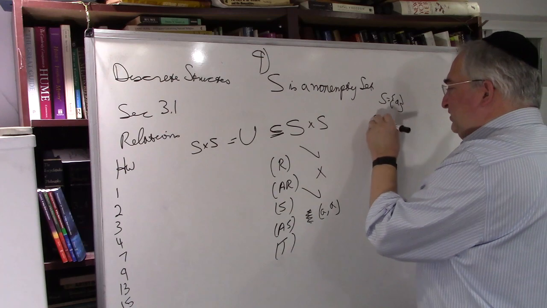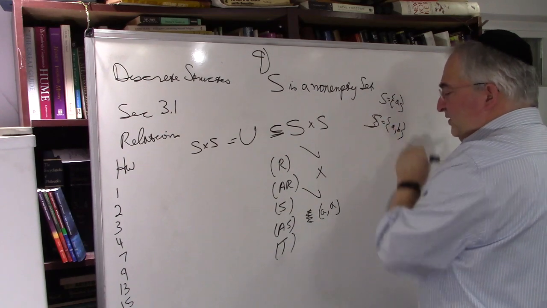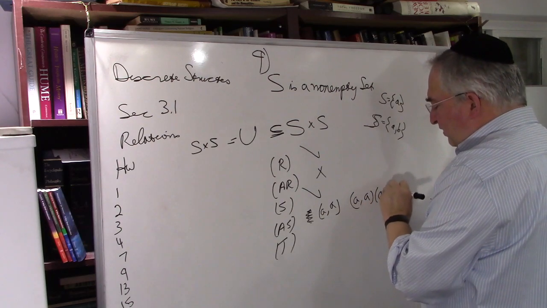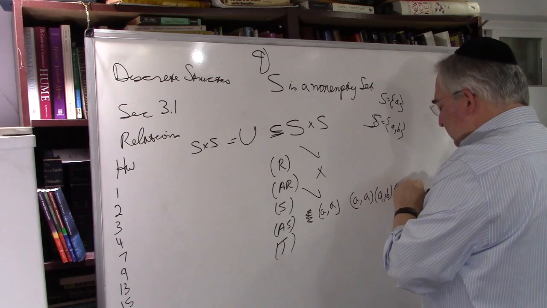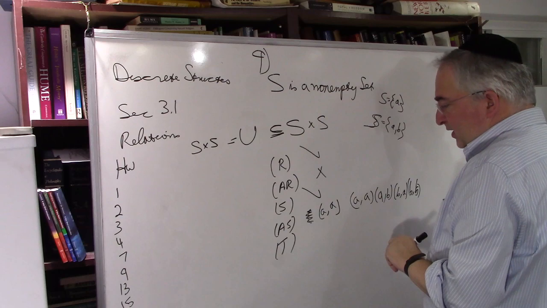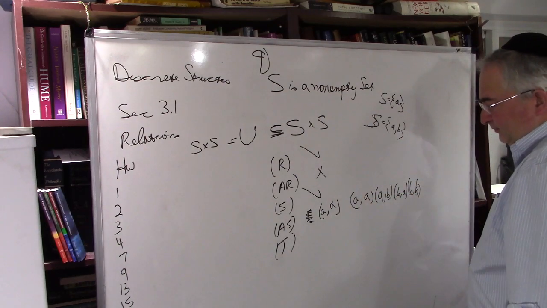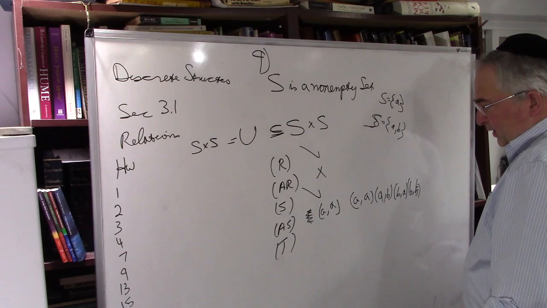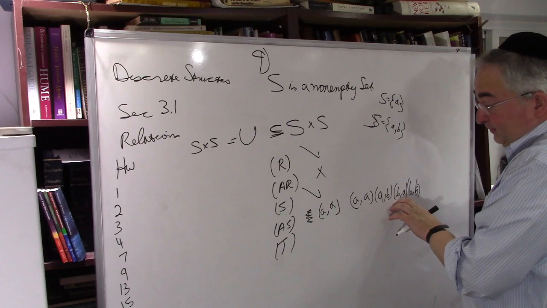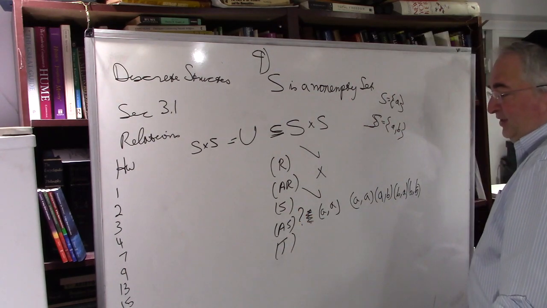But let's say S is two elements, S equals A comma B. Then A comma A is there, A comma B is there, B comma A is there, and B comma B is there. In that case, AB is in there, BA is in there, but they're not equal. So I think this is a mistake. Whatever, there are two possible answers to this question.